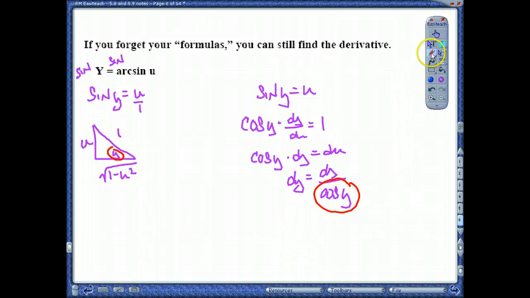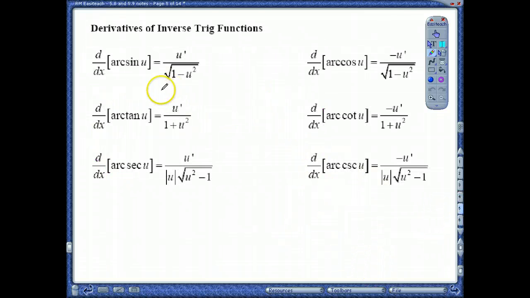When I do that, I've got that dy equals du over the cosine of y, that's your adjacent side over your hypotenuse, so that's going to be the square root of 1 minus u squared. And if you go back to your definition, that's exactly what it is.